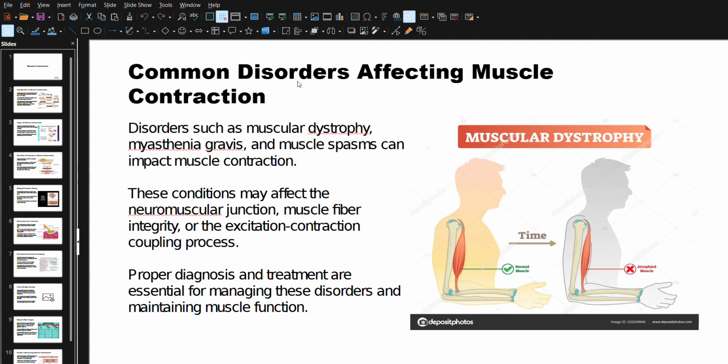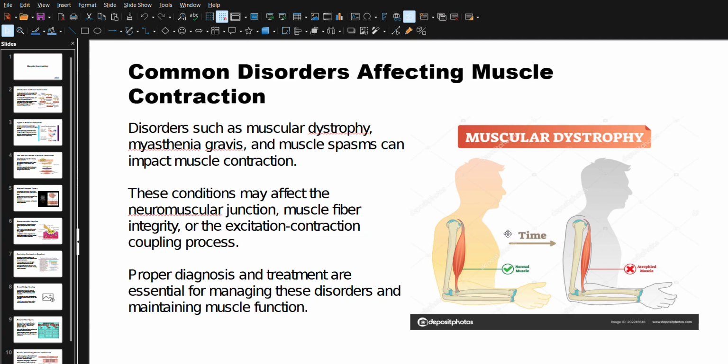The common disorders affecting muscle contraction we are going to see now. Disorders such as muscular dystrophy, myasthenia gravis and muscle spasms can impact muscle contraction. You can see both the diagrams here. Here you can see it is in a very good condition.